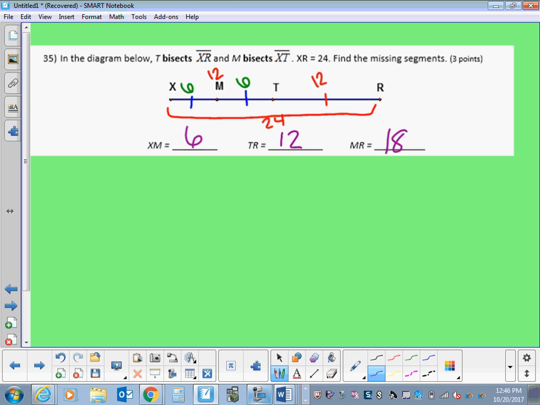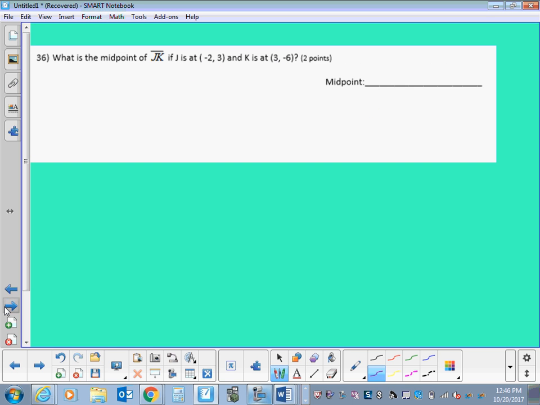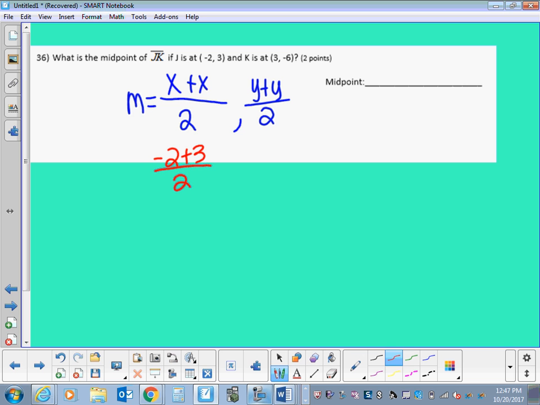Last one. Midpoint. You should know our midpoint formula. What is it? You take your x's, you add them up, divide by 2. What about your y's? Y's, you add them up, divide by 2. It doesn't matter which order you go as long as you're consistent. So, x is -2 plus 3 divided by 2.